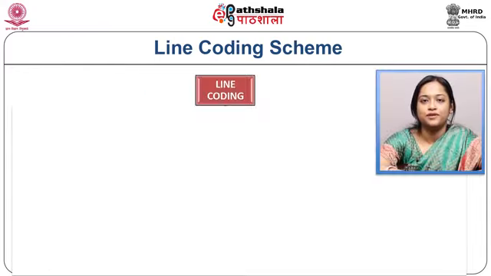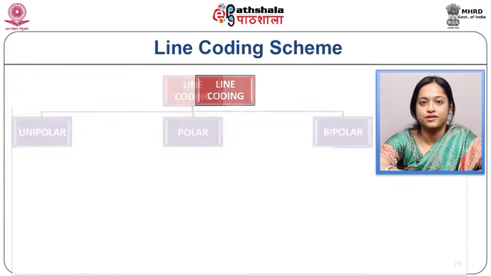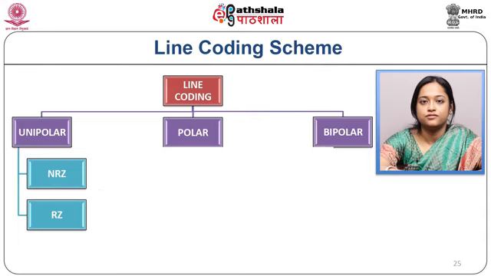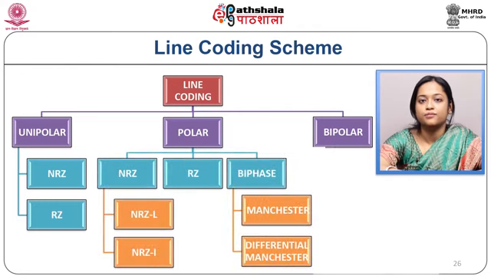Let us now elaborate the different categories of line coding. Line coding can be categorized into three major types: unipolar, polar and bipolar. Unipolar can be further categorized into two: non-return to zero unipolar line coding and return to zero unipolar line coding. Polar line coding can be classified into three: polar non-return to zero, polar return to zero and biphase.